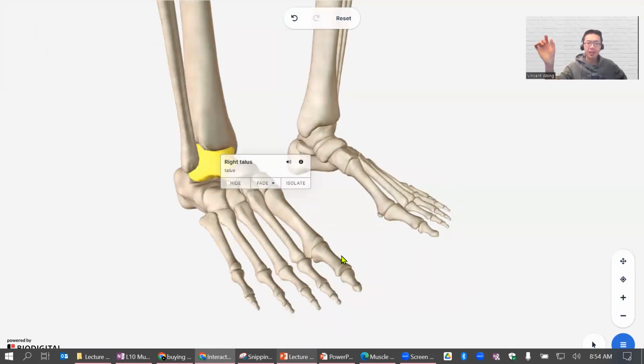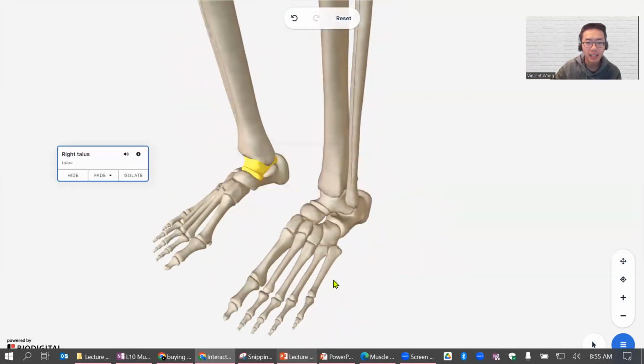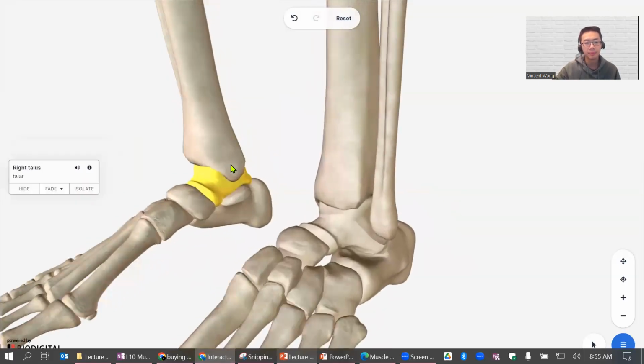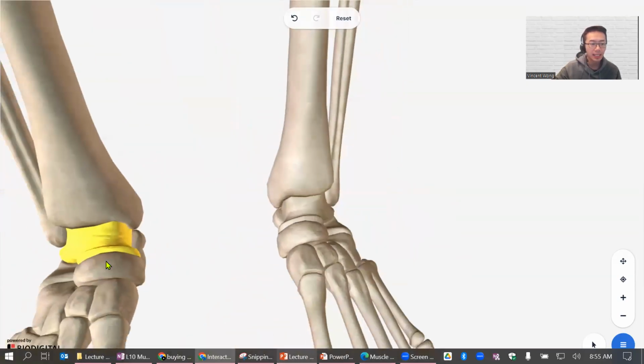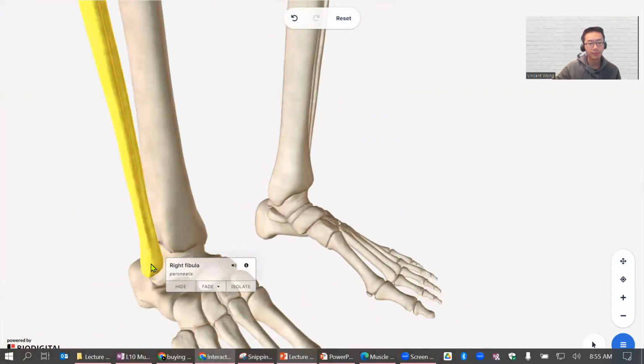You know the little knob on your ankle, right? That you can feel on both sides really. The one that's on the inside, that's formed by the tibia. Okay, that's this knob right here, and it kind of clamps onto the talus. And on the outside, you are actually feeling the fibula. You guys know what I'm talking about?